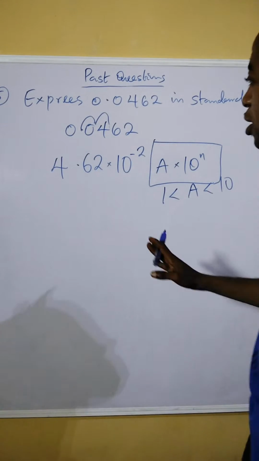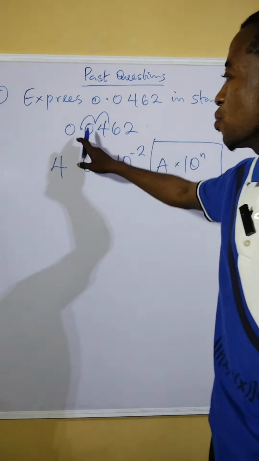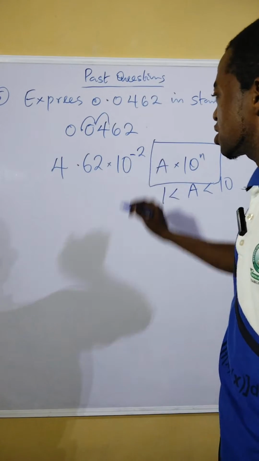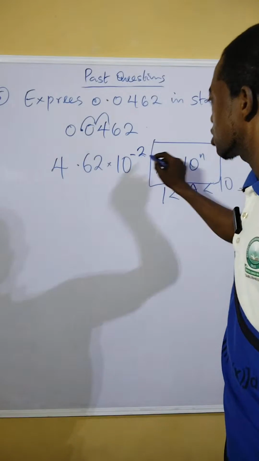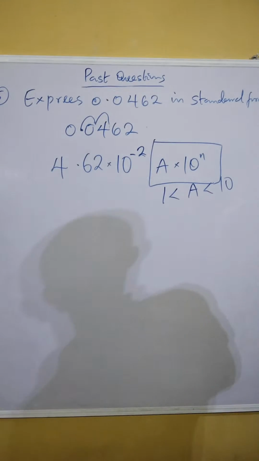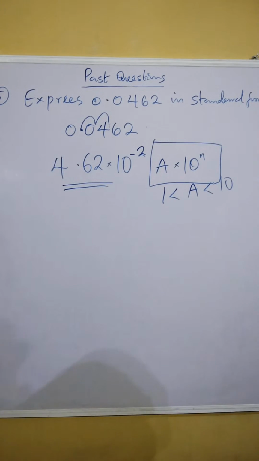This is a number less than 1. So for a number less than 1 that starts with 0 point something, the power will be negative. The number of times we shifted the point will be the power. So that's minus 2. So the standard form of this number is 4.62 times 10 raised to power minus 2.